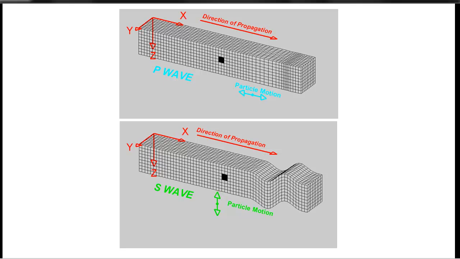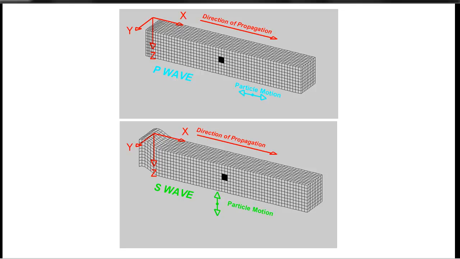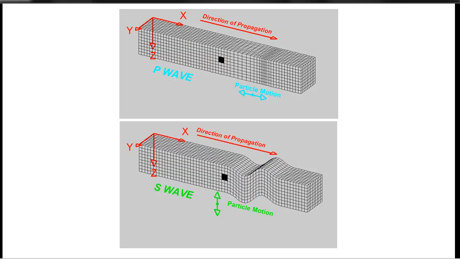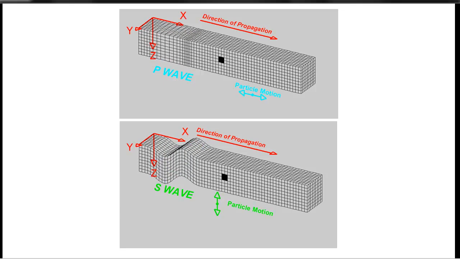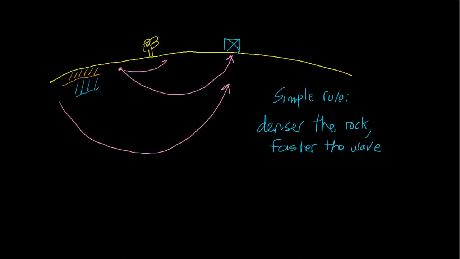So the particles actually move up and down to create the passage of the wave, which is going from left to right. So the P wave and the S wave are both produced by an earthquake source, and both then travel through the earth along the paths indicated here by the pink lines.